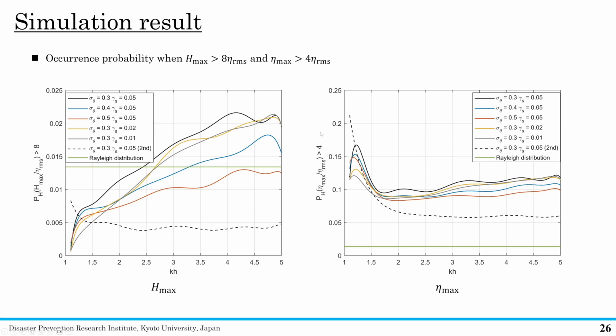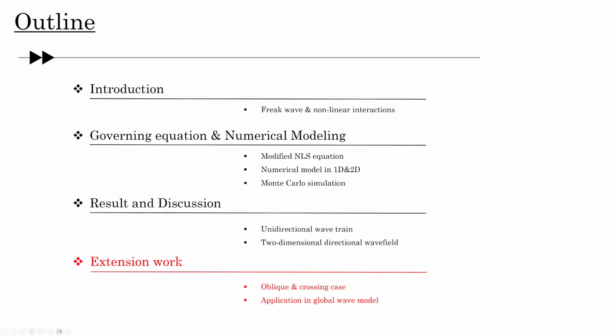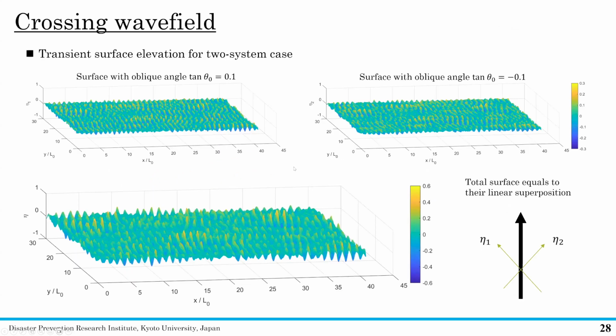Then I also want to show some extension work after the results so far. The first is to consider some crossing waves, even in a very special case. For example, a group of waves with an oblique angle, maybe tangent theta 0 is 0.1 in this direction, and another surface with a different direction.